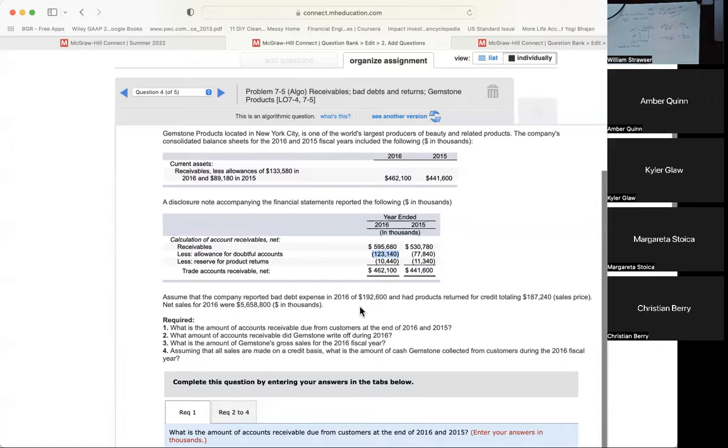I have an amount of products that were returned and they totaled 187,240. So these are actual returns. And my net sales were 5,658,800.